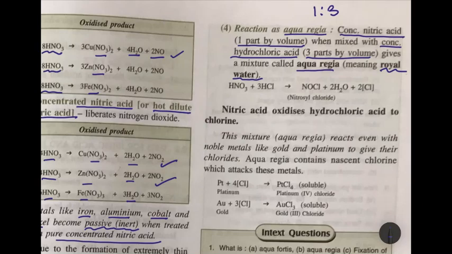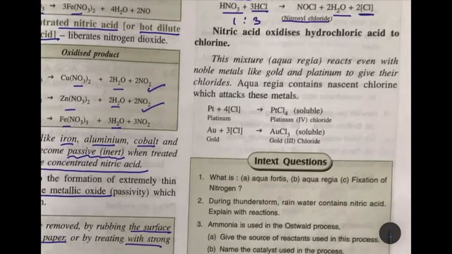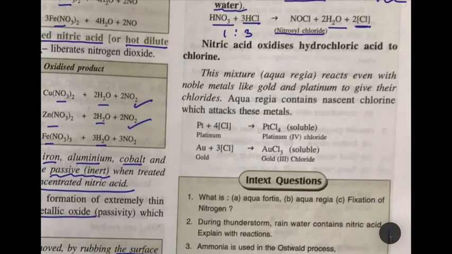So nitric acid and concentrated hydrochloric acid in the ratio 1:3 will form nitrosyl chloride, water, and nascent chlorine. Now nitric acid oxidizes hydrochloric acid to chlorine. So this mixture aqua regia reacts even with noble metals like gold and platinum to give their chlorides.